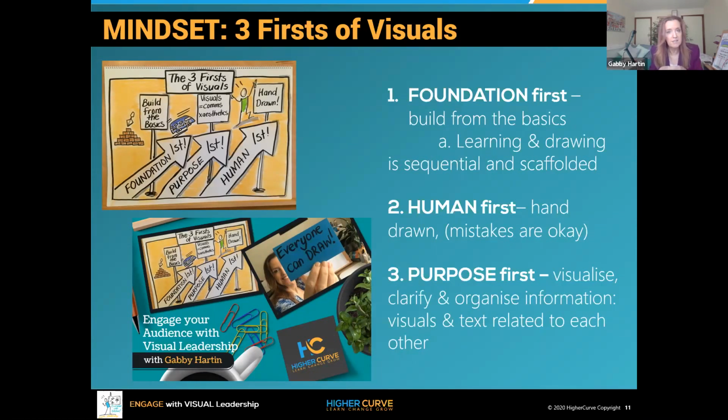That's where you start. And then you decide how you are going to visualize that information in order to clarify and organize it so that it becomes more effective in communicating. And one of the things around that is we're always looking at putting visuals and text together so that they support each other and they support the message that you're sending through.